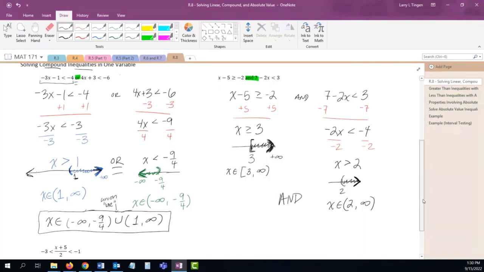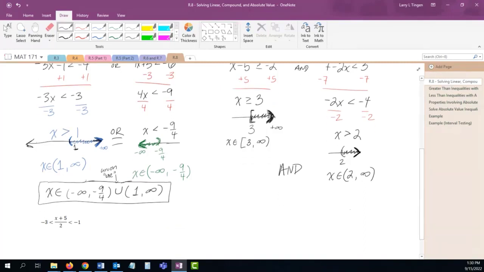Now, I'm burying the lead here. This is an and. So instead of having two sets that I have to put together, what I've actually got are two sets, and I want the numbers that make both of these true. So I'm going to plot this on one number line.